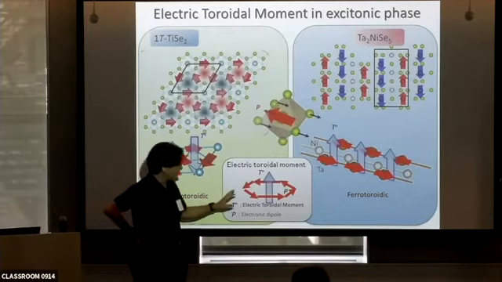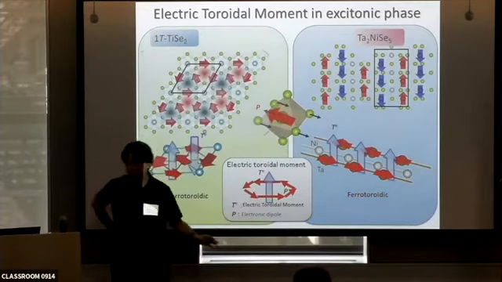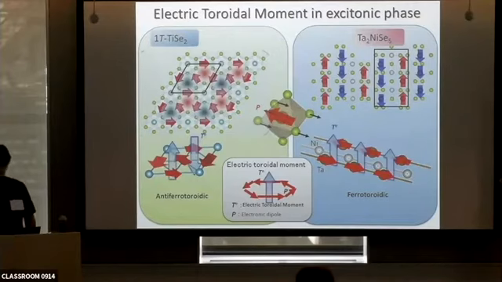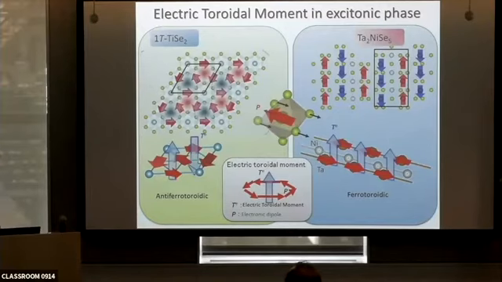Maybe there is no bare toroidal moment in the crystal. Or maybe this response was included in the optical experiment reported at this workshop. I don't know, so I leave this interpretation to all of you.